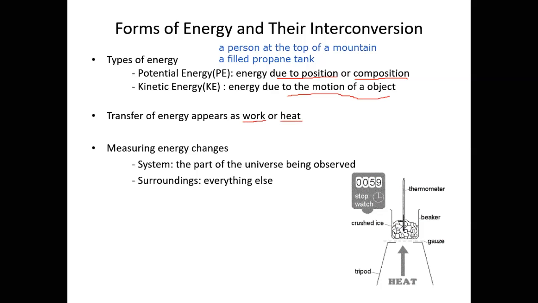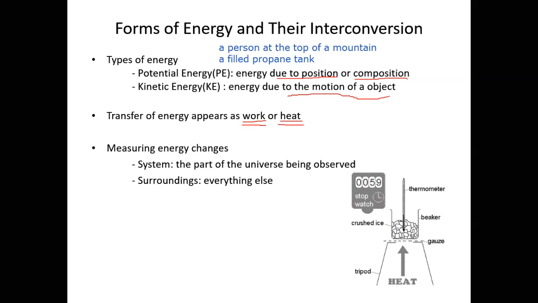So whenever you transfer energy, you have work, some type of action, and you have heat, which is thermal energy. And for a car, for example, while the car is doing work, it also produces heat. And that's why on a car you have to have a radiator if it's an internal combustion car, because it needs to cool the engine, because as the engine is doing work by converting that potential energy, which is gasoline, into kinetic energy, making your car move, it's doing work, but it's also producing a lot of heat, which causes the engine to get hot, and that's why you have a radiator system that cools the engine.